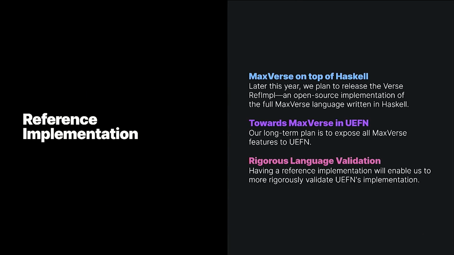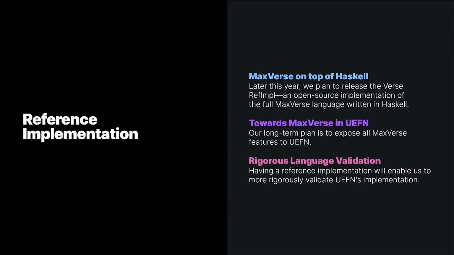Now I want to tell you a little bit about where we're going with MaxVerse. So far when we talk about MaxVerse, it's like a thing we know about internally, but there's not a lot available externally about it. So we're racing to create a reference implementation. It's not written in C++, it's not meant for the engine. It's actually written in Haskell. And we're going to release it as an open source thing, as well as a thing you can run in your web browser.